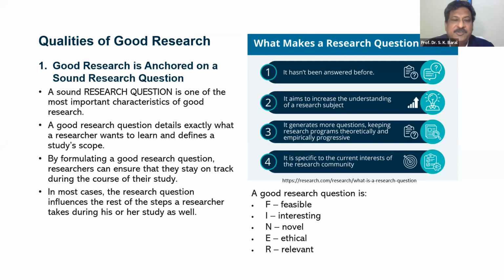So a sound research question is one of the most important characteristics of a good research. And a good research question details exactly what a researcher wants to learn and defines the study scope, because scope is very important in any research.